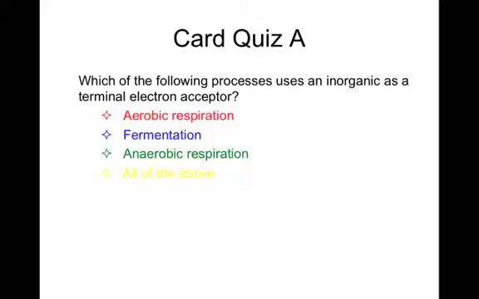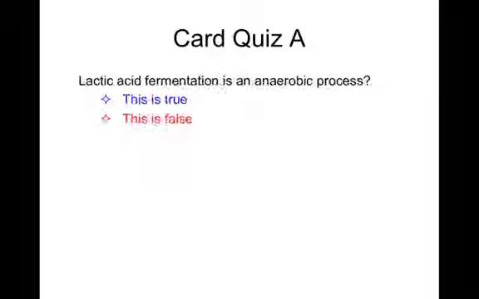Let's take a quick card quiz. Which of the following processes uses inorganic molecules as the terminal electron acceptor? Lactic acid fermentation is an anaerobic process. Is this true or false?